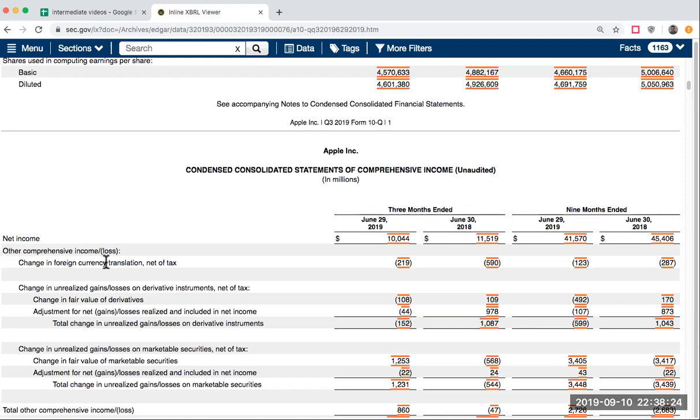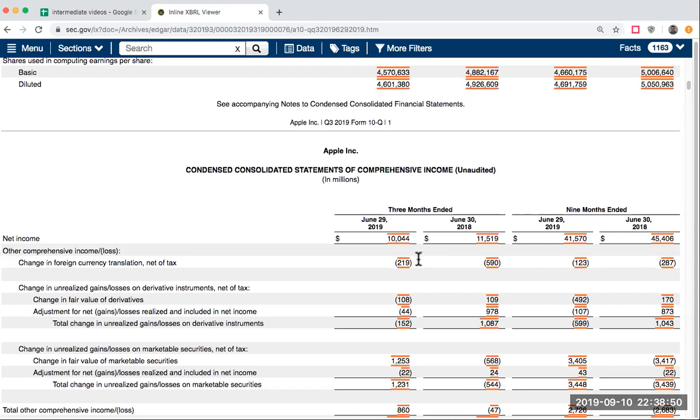So that may cause my income to increase or decrease based on the foreign exchange rates. That's not really income, so we have to segregate this out as an other comprehensive income or loss.